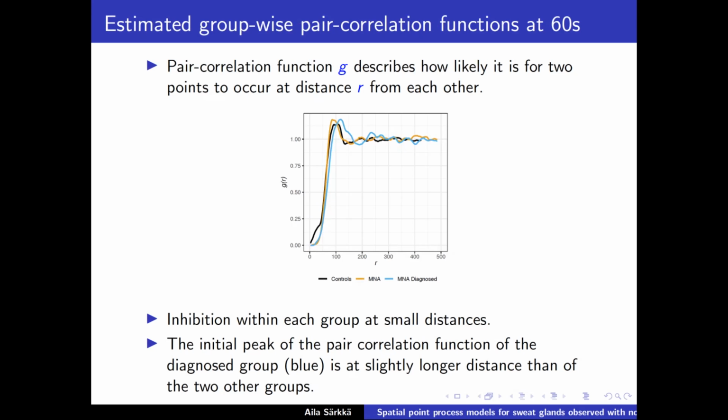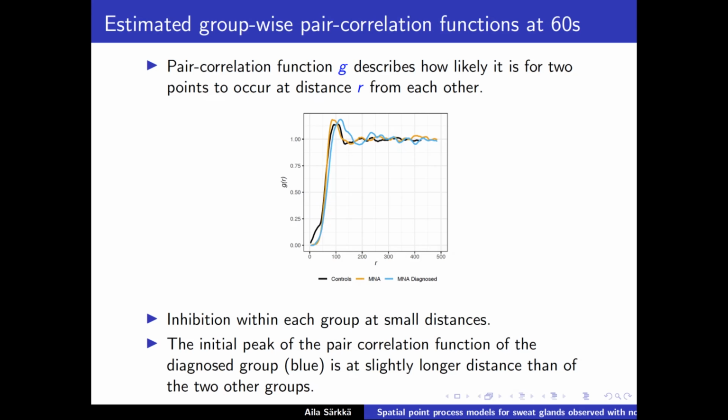And then in the Poisson case, if there is no interaction at all, it equals 1. And here, these curves that we get are very typical of a regular pattern. So there is some small scale inhibition, and then when there is some range of interaction, after that you can have more points.